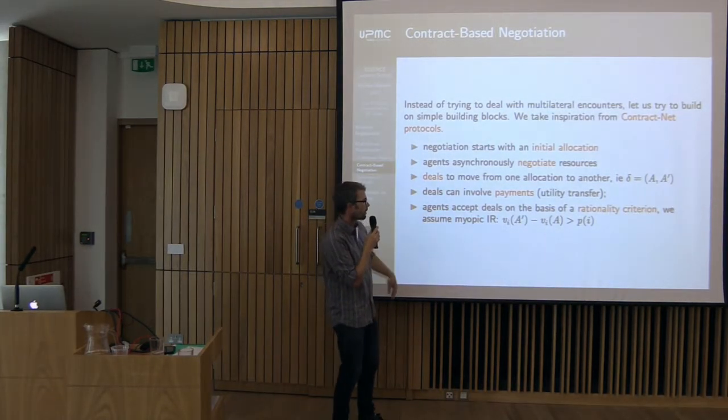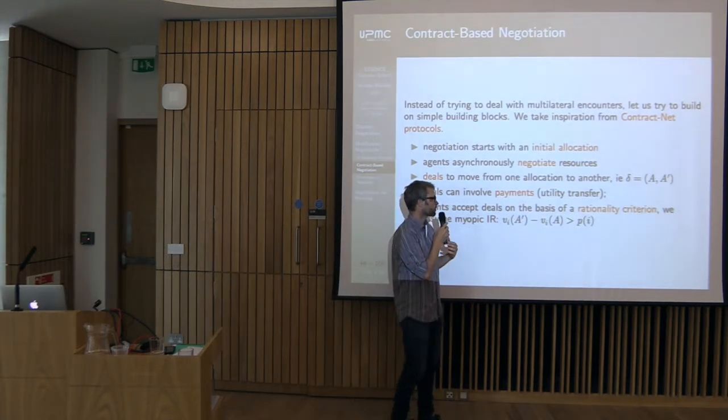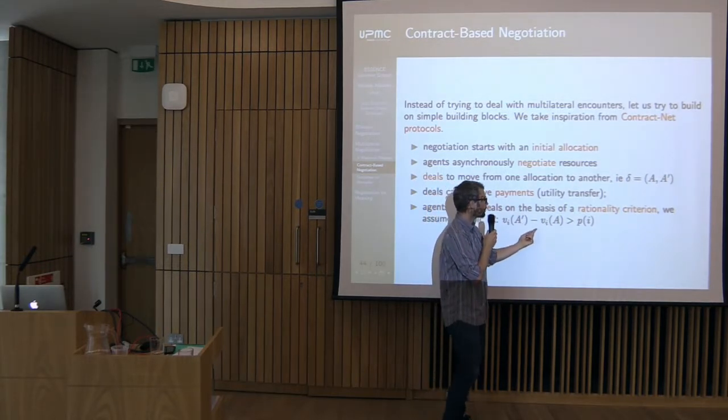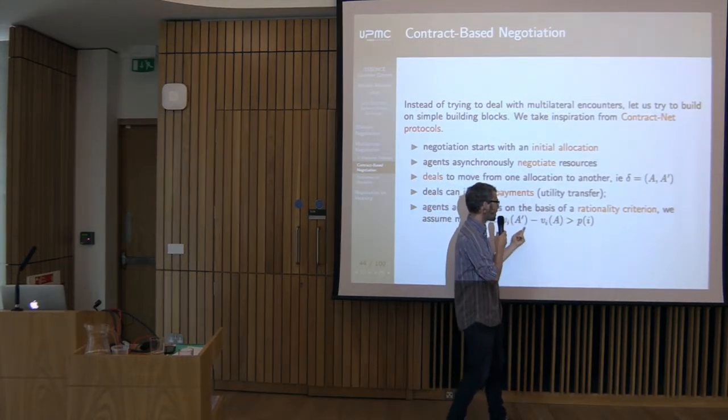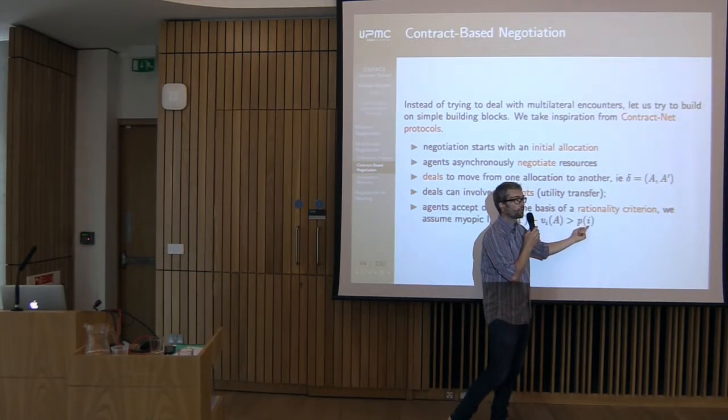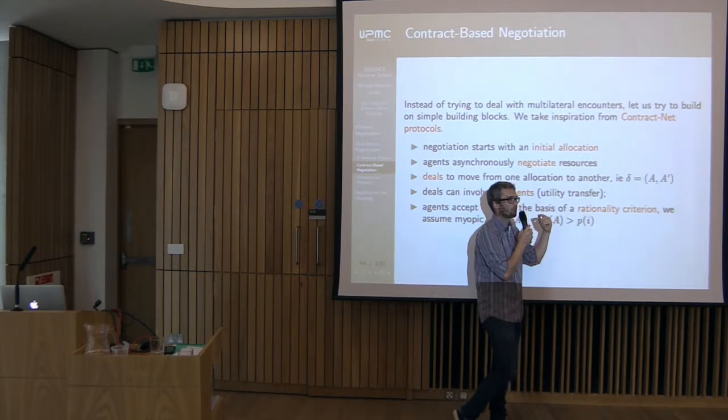In that case, rationality of agents will be that they will accept to move to the next allocation if what they gain in terms of utility is higher than what they have to pay in terms of payments.